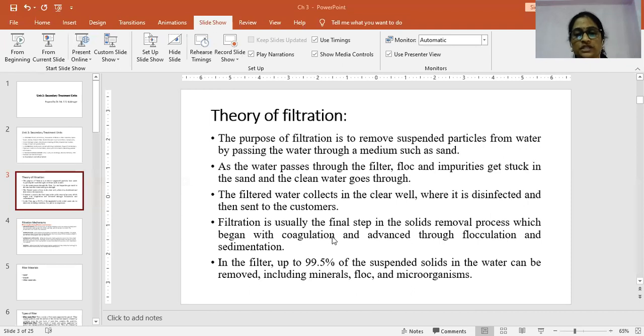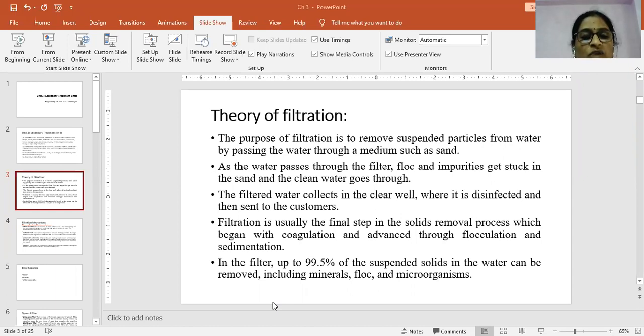Filtration is usually the final step in the solids removal process, which began with coagulation and advanced through flocculation and sedimentation. In the filter, up to 99.5% of the suspended solids in the water can be removed, including minerals, floc, and microorganisms. So these entire impurities can be removed by using filtration.